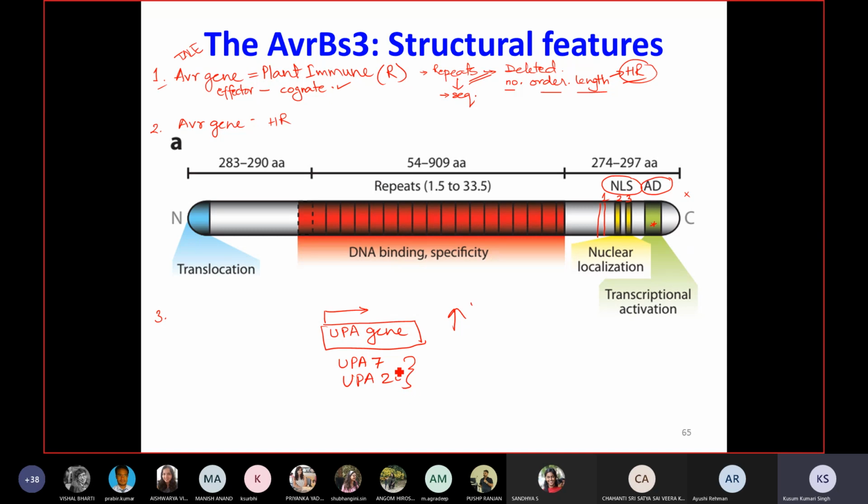Especially we have seen these two. UPA7 is involved in the expression of alpha expansin, which I will write here. The UPA gene is also important for creating auxin-responsive kinds of cells, and these important proteins are involved in the enlargement of the cell.